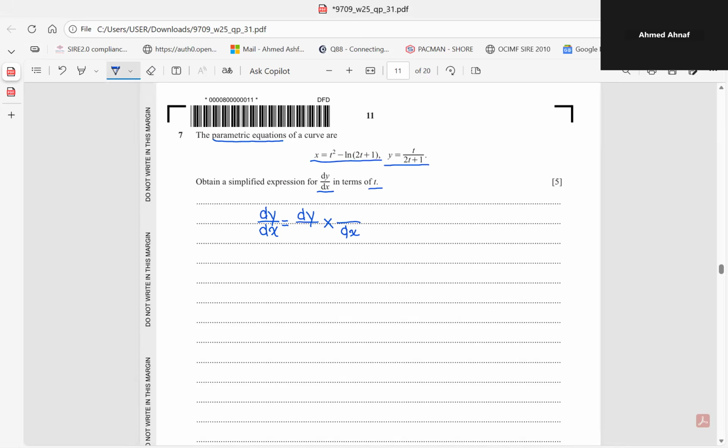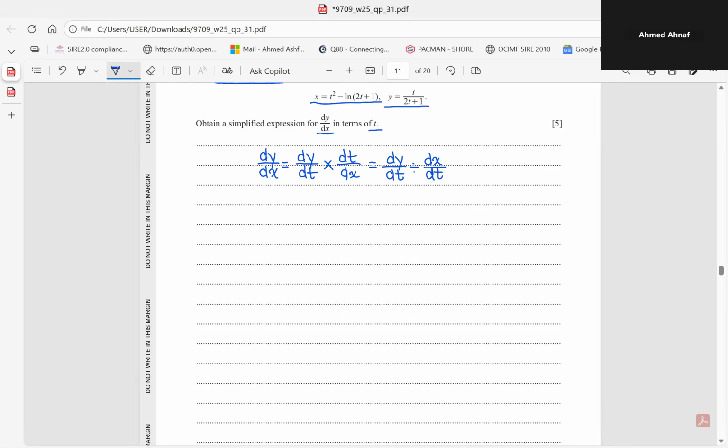And then the blank spaces would be the same expression. So in this case, we can only have dt. So dy/dt times dt/dx. And multiplying by dt/dx is also the same as dividing by dx/dt. So in short, dy/dx is equal to dy/dt divided by dx/dt.